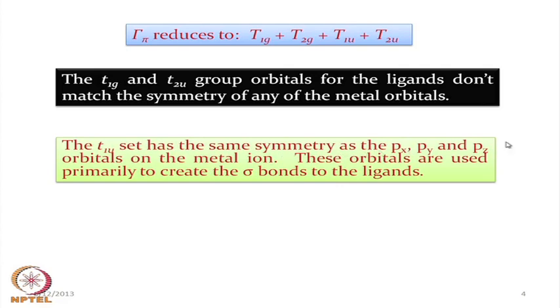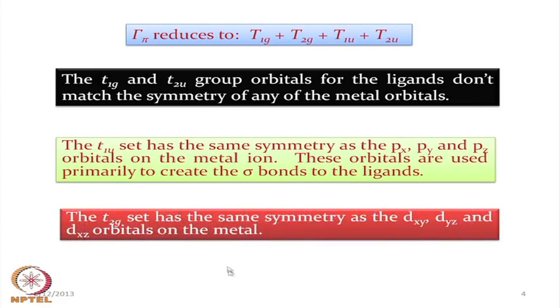So, these 3 orbitals have already been used up for sigma bonding interactions from the metal side. Though this T1u set of orbitals is available from the metal side, they have already been consumed for the corresponding sigma bonding interactions. And we do not have any matching orbitals of T1g and T2u type.